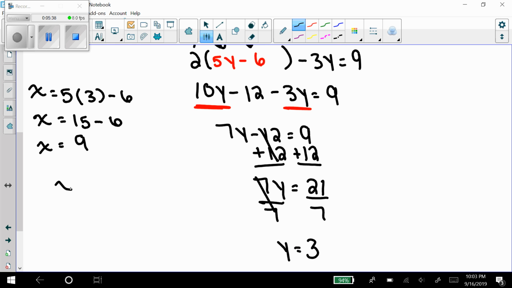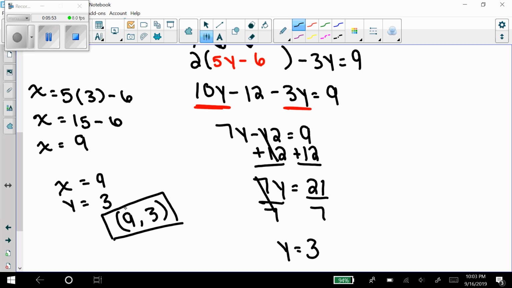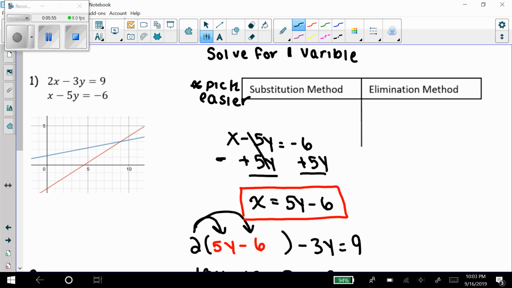So my solution is x equals 9, y equals 3. So I get that this system of linear equations has a point of intersection at (9, 3). Now, I provided you with a graph just as a little check. And if we look at it, if I go to (9, 3), I have one point of intersection.